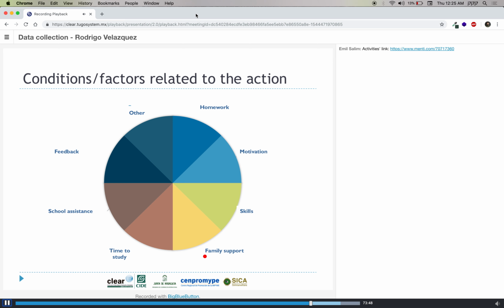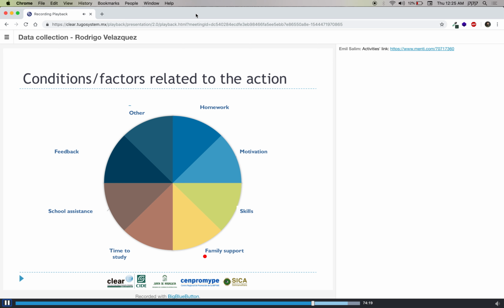And of course this also had to do with school assistance. Maybe they were doing their homework, but maybe they did not have this feedback, and feedback is very important to achieve the objective. So in this example, the homework, which is the government action, and of course we have evidence, has to include other factors and conditions, and we also have evidence for them.